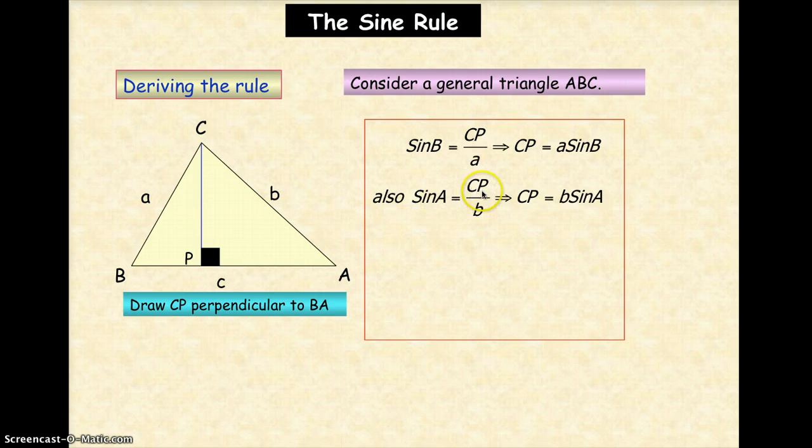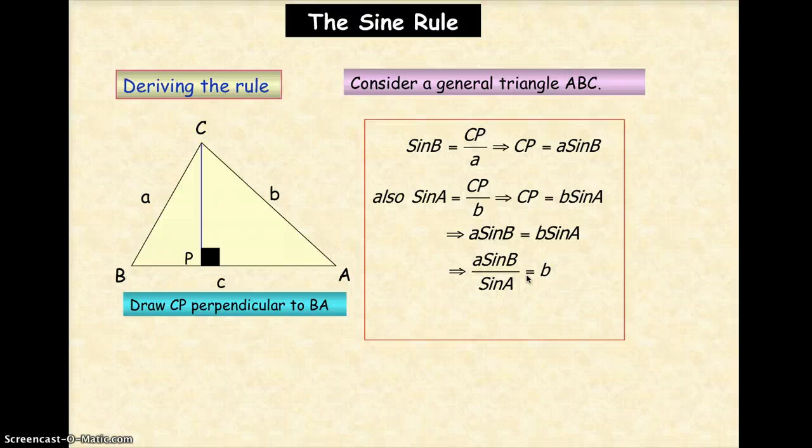So sine A is equal to CP divided by B. Rewriting it, CP is equal to B times sine A. Now we know that we're using the same side, so they will be equal, so we can combine both equations and write A times sine B is equal to B sine A. Keep rewriting it using cross multiplication.